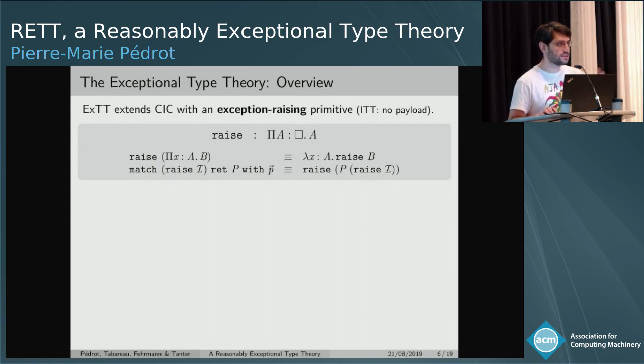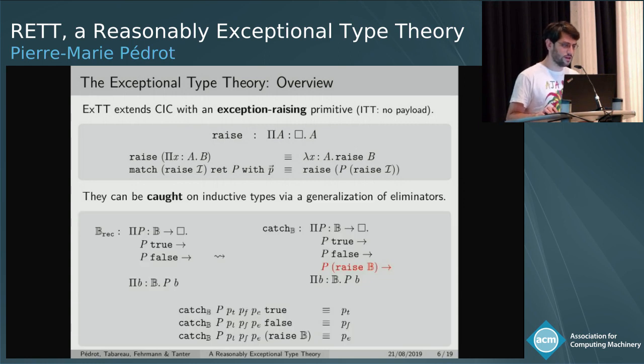So this is really just escaping the current call by name context. And contrarily to what you would do in simpler settings, in the call by value setting, you can only catch exceptions on inductive types, but you can do so by means of a generalized elimination or dependent elimination principle.